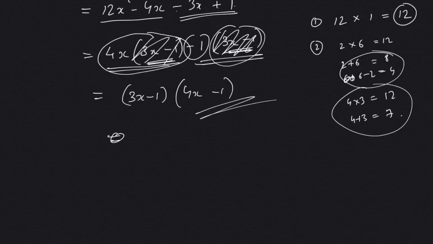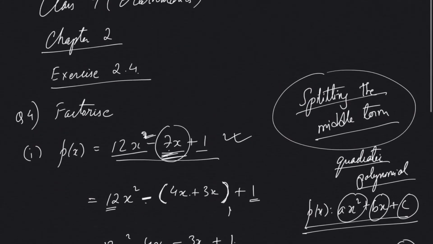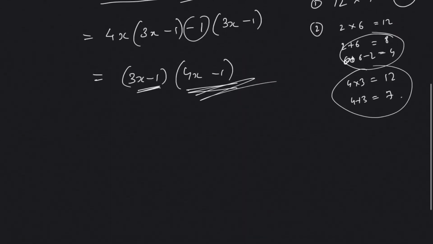So that is called factorization by the process of splitting the middle term. I hope that you have understood this method properly. That means 3x minus 1 and 4x minus 1 are the two factors of the quadratic polynomial 12x square minus 7x plus 1. Let us do one more problem.